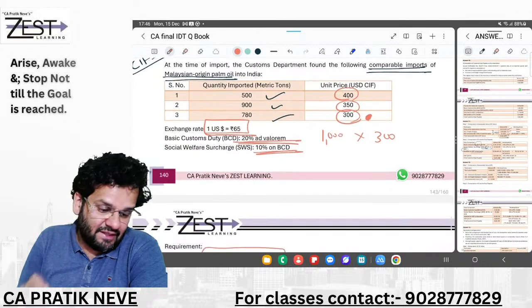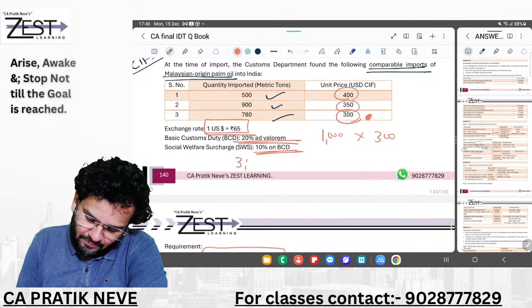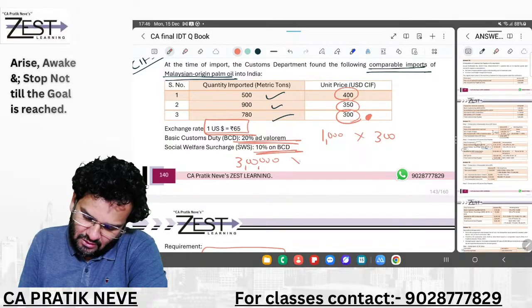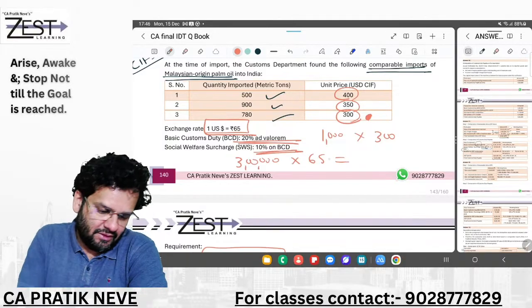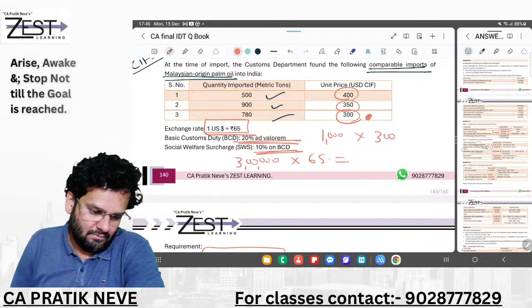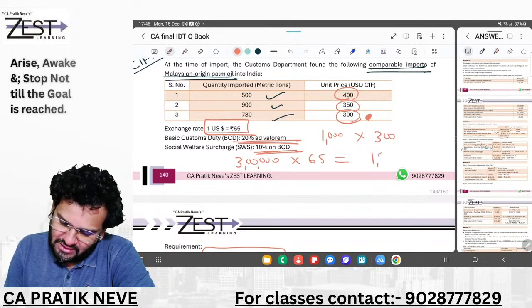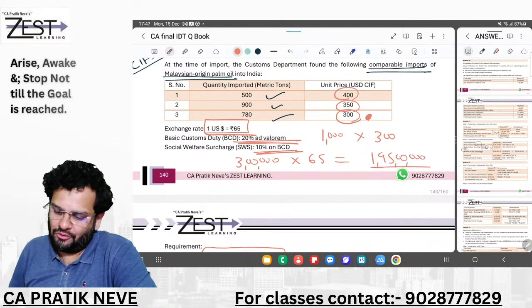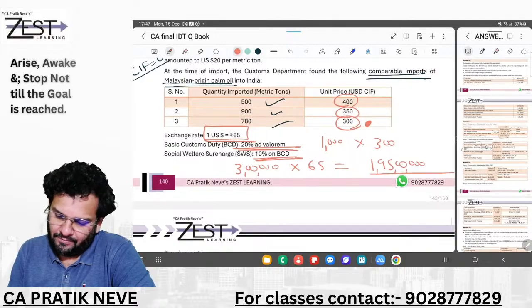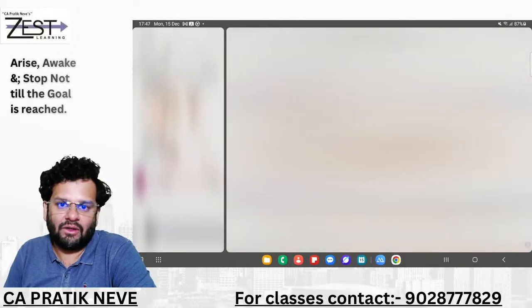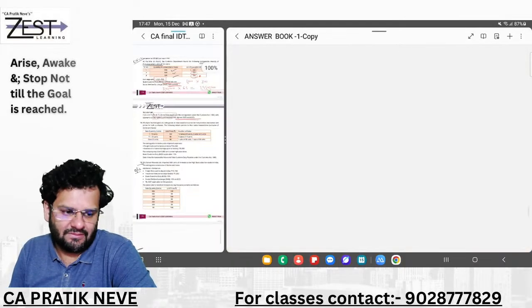That is 3 lakh dollars. Now 3 lakh dollars will be multiplied by 65, the exchange rate. So 1 crore 95 lakh will be the answer. Is it clear, all of you? That's it. 1 crore 95 lakh will be the answer.